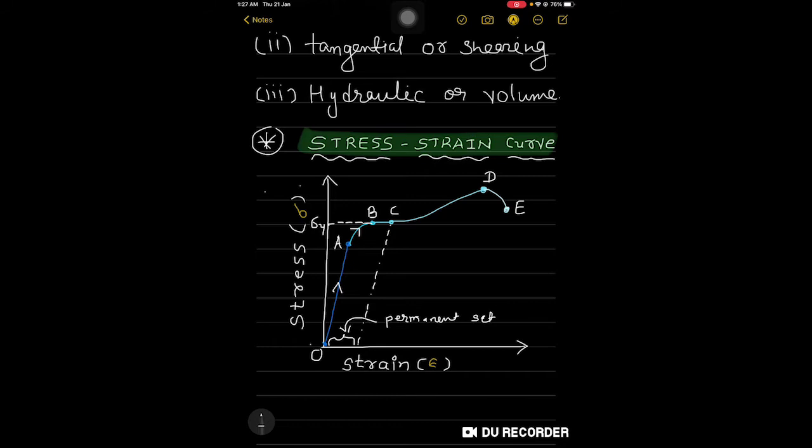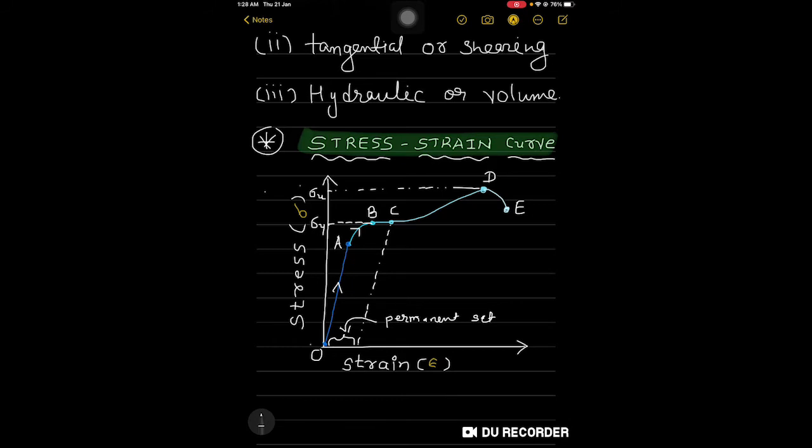Now the point D on the graph is the ultimate tensile strength, the maximum limit, which is also denoted by sigma u.